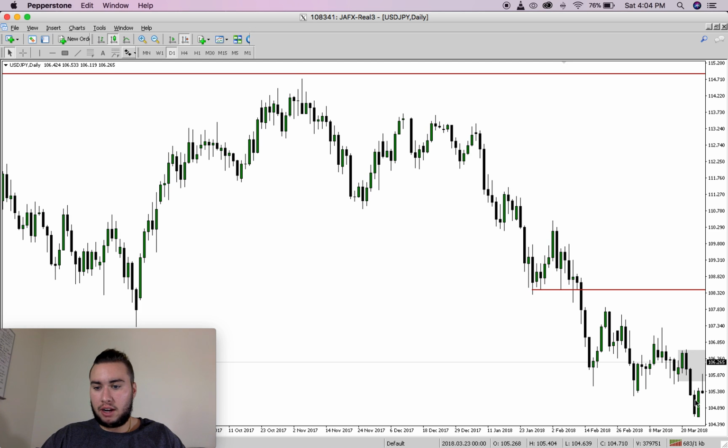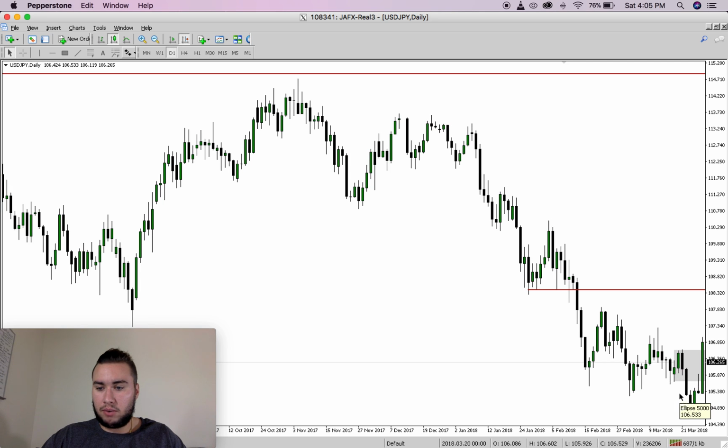We made this low, and then we traded up into it. So on this day, we could have been thinking this is a solid sell because it looked like it found resistance, and it should want to trade lower. Well, the next day, it didn't trade lower. It shot up and broke the resistance level.